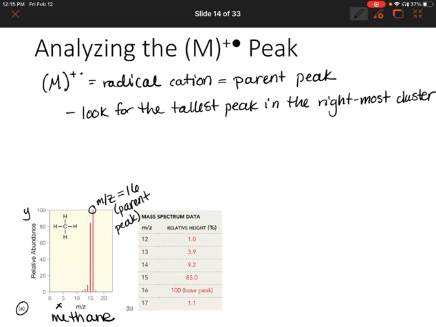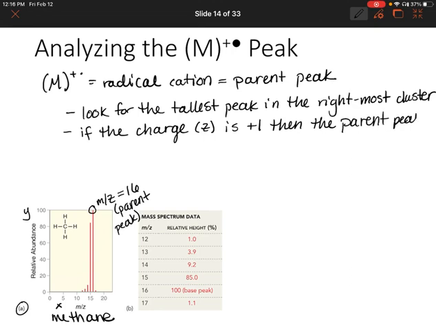Now, again, we're going to assume that the charge on all of our ions is +1. Sometimes that's not always the case, so we'll just write here, if the charge Z is +1, then the parent peak is the mass of your molecule.